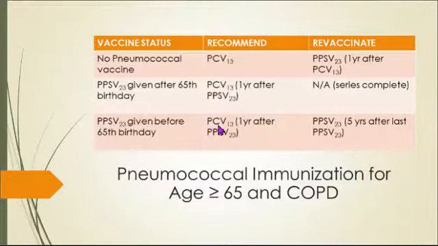If they've gotten it before, the 23 is given at age 65 or older, and at least 1 year after they've received their 13. Okay, let's see if there's anything more on here.